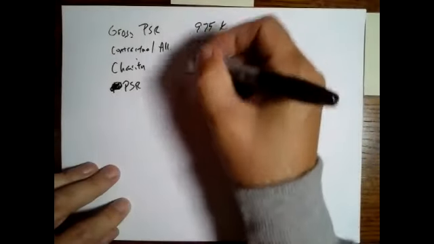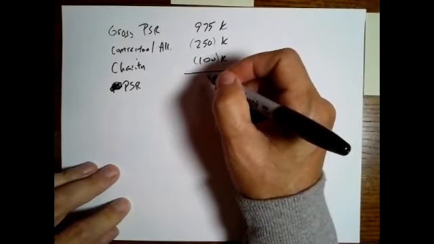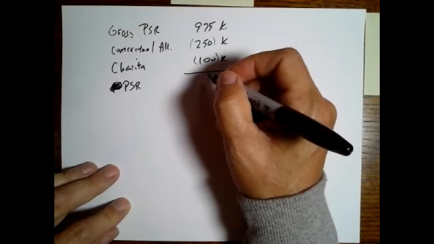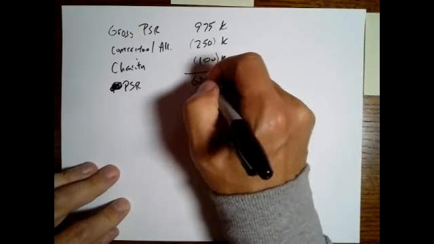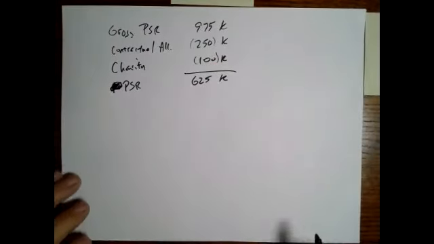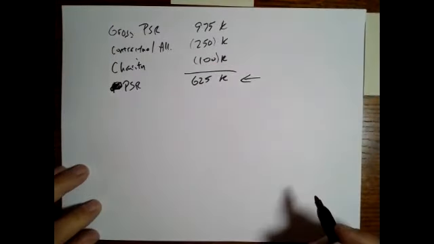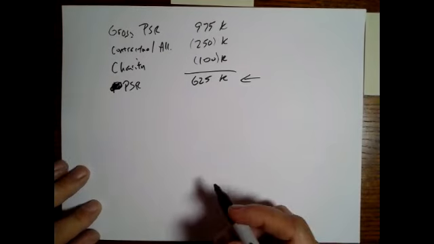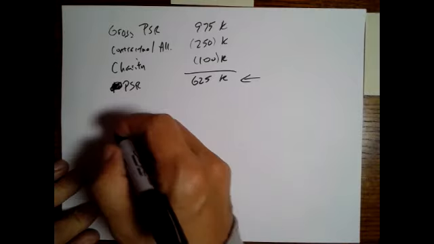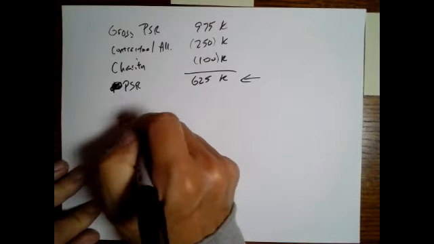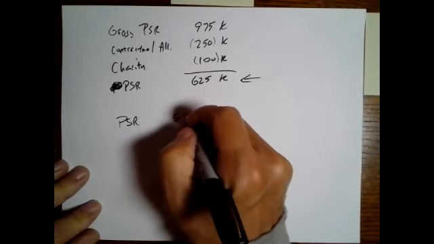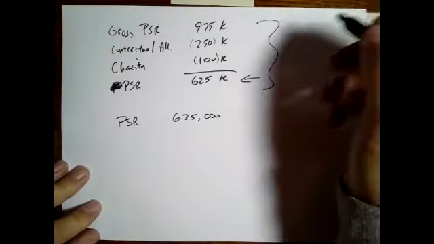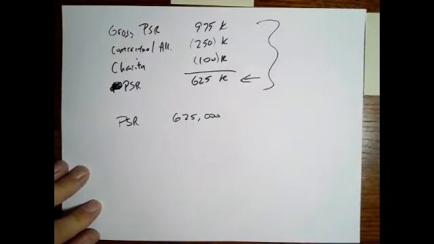And that brings us to patient service revenue in the amount of $625,000. Patient service revenue becomes the top line of our income statement. All of this occurs prior to us starting to build the income statement.